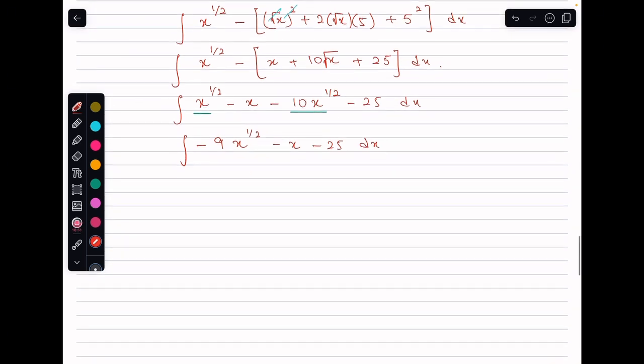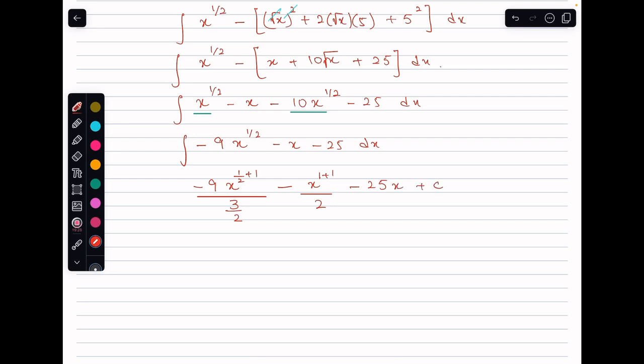So solving further, as I will be starting my integration, I will not be writing the integral sign. In fact, I'll say it's minus 9 x to the power 1/2 plus 1, 1/2 plus 1 gives me a 3/2. So I should divide by a 3/2 minus, now the integral of x here. So this is a positive 1 plus 1, and then I should divide it by 2 again. And then with 25, I should be having my x to the constant. I should be adding the x and then add the constant.